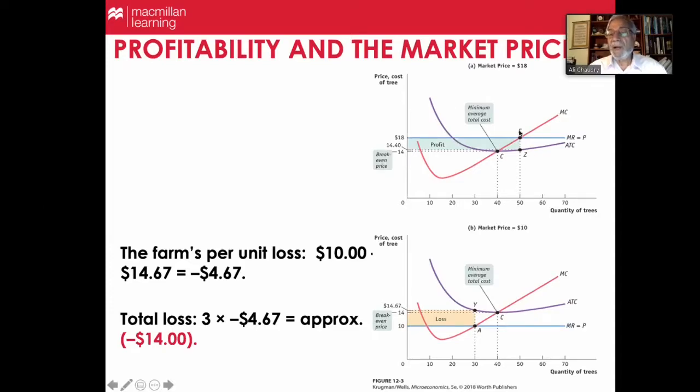We will see that the optimal level is where marginal revenue is equal to marginal cost, optimal level of 50. But at other levels of output, it could be making a short-term profit or actually losing money. So in this case, the firm is going to lose $4.67 on each tree, and the total loss would be about $14.